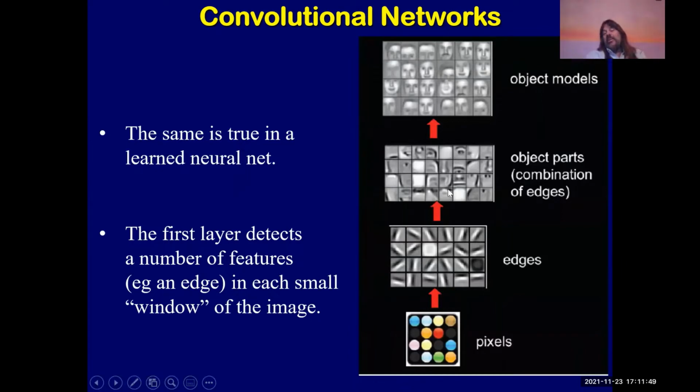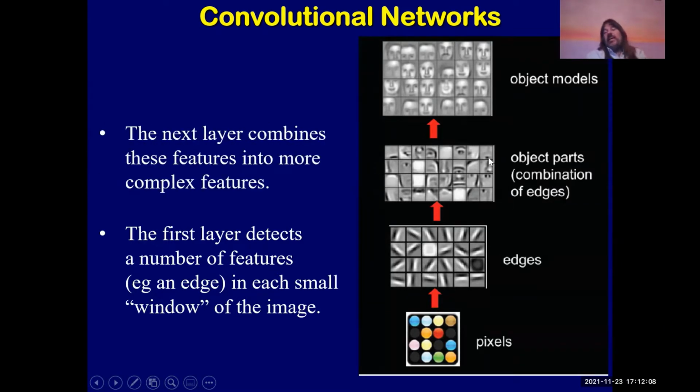We're going to have layers in our neural net, and the first layer is just pixels, and then the next layer is going to be looking for edges. What's an edge? It's where it's going from black to white, or from white to black. That's an edge. And then the next layer might be looking for combining these edges into more complex features, right?